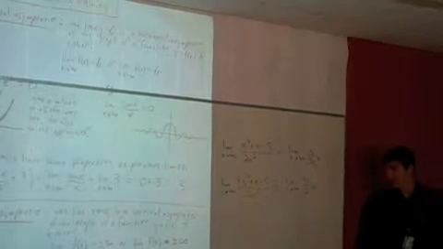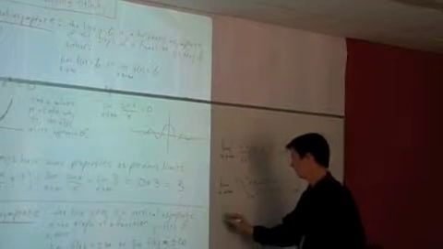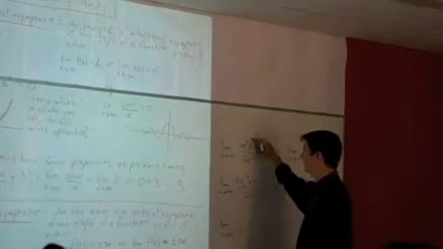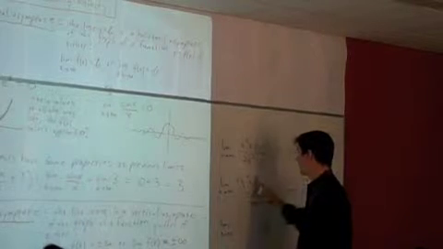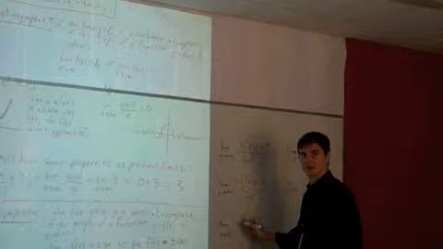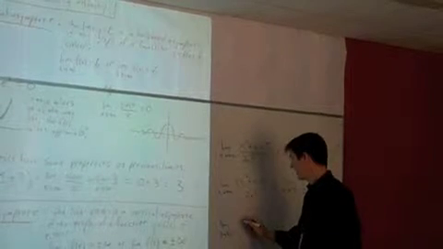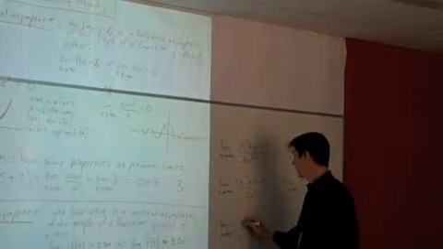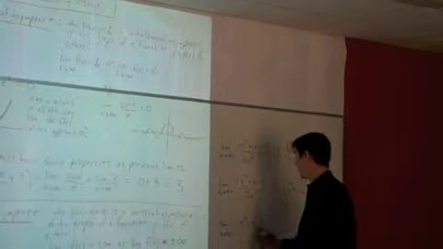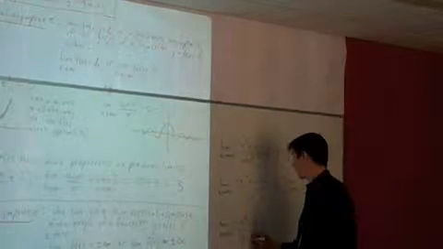And the third case. In the first case, the numerator has a bigger power. In the second case, they're the same power. In this case, yeah, the denominator is bigger. So let's go back to x squared plus x minus 5 over 2x cubed.